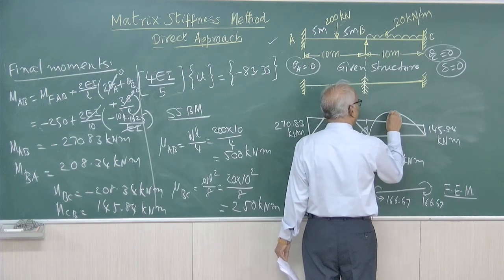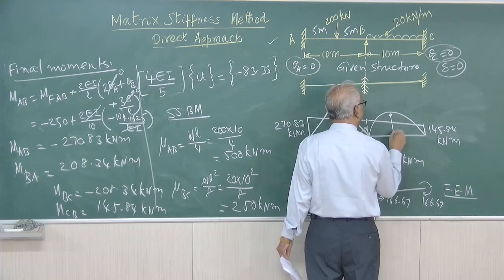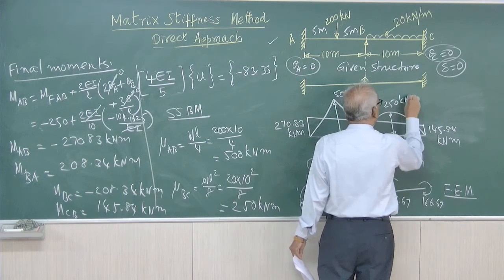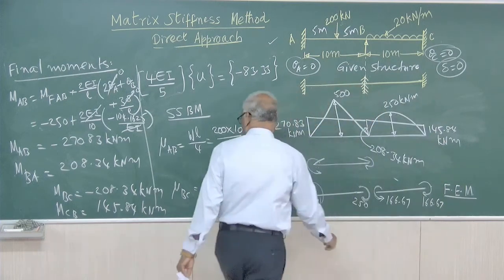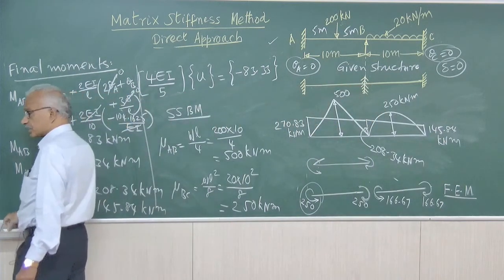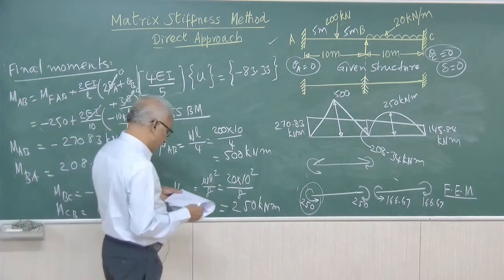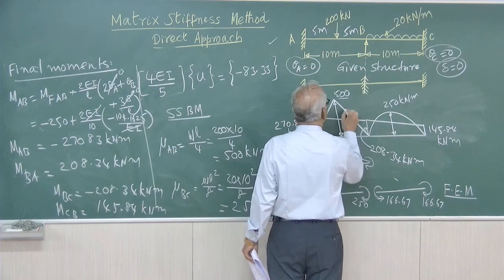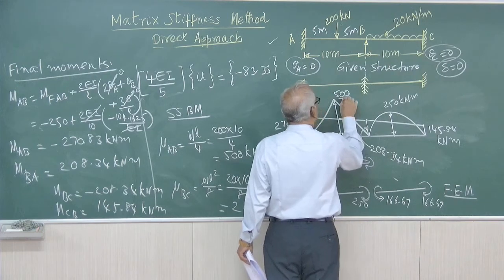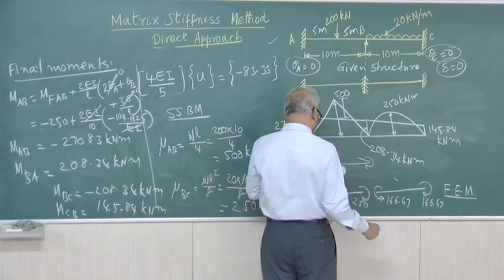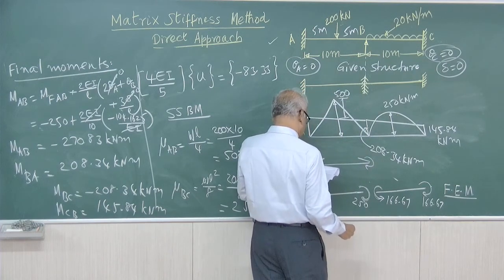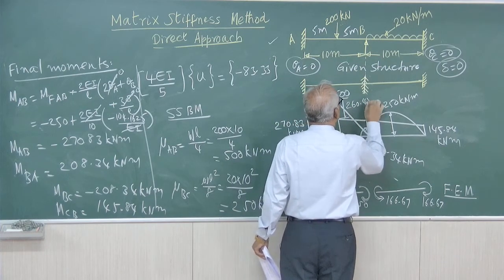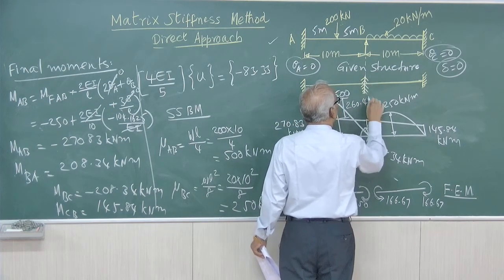So this value equal to 250 kilonewton meter, and on calculations we can find out the net value here. The net positive bending moment here will be 260.415.